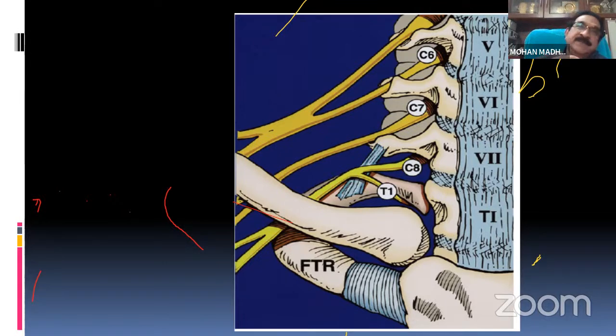No sensory loss in that patient. That is a T1 root. Here, the patient has all the C8 muscle supply affected, but APB is spared, almost spared. The involvement is C8. So this is the difference in the pattern you get between post-sternotomy brachial plexopathy versus thoracic outlet syndrome.